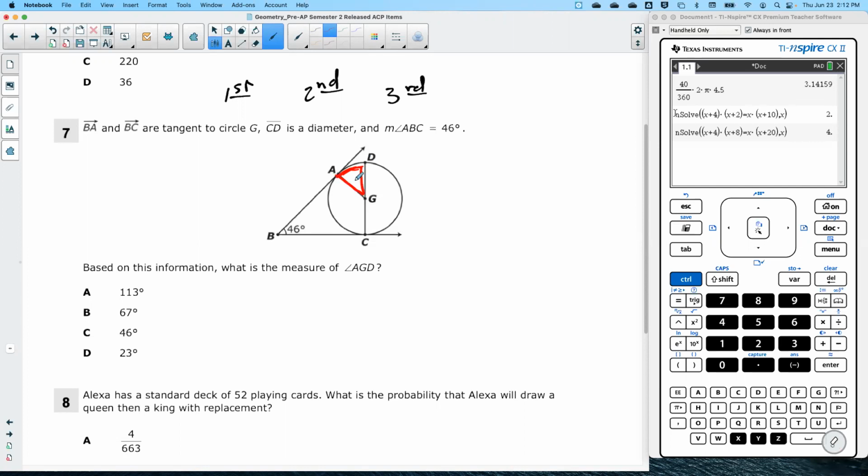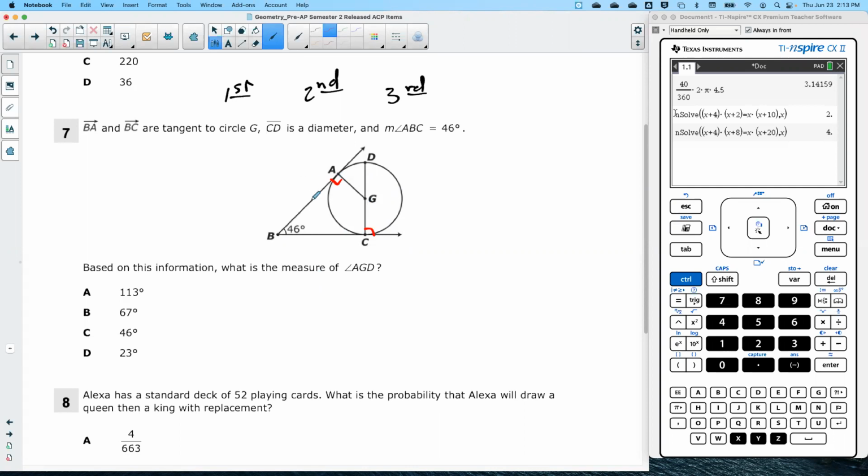All right, what thoughts y'all have so far? You see, if you remember, when you have something tangent, how does it relate to a radius or diameter? It's a right angle. So this one's a right angle, and guess what this one is? That's a right angle, perfect. Okay. What else do you remember about this?